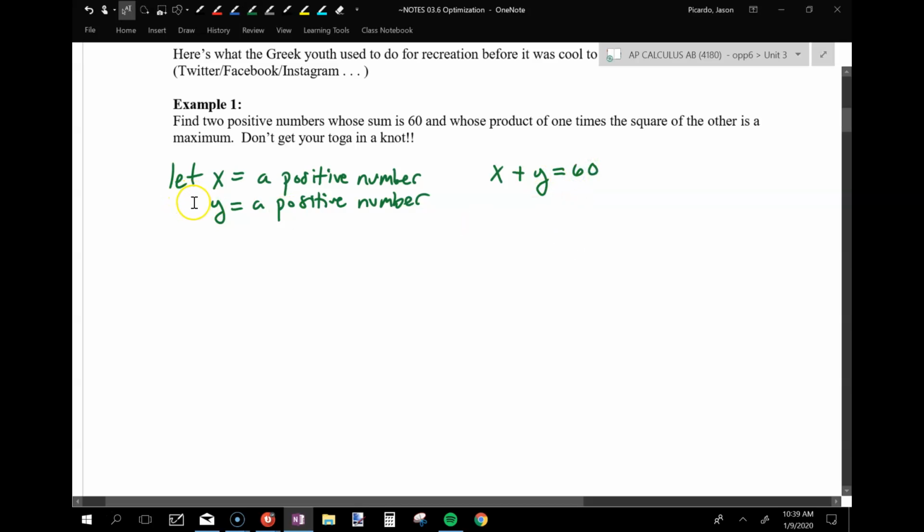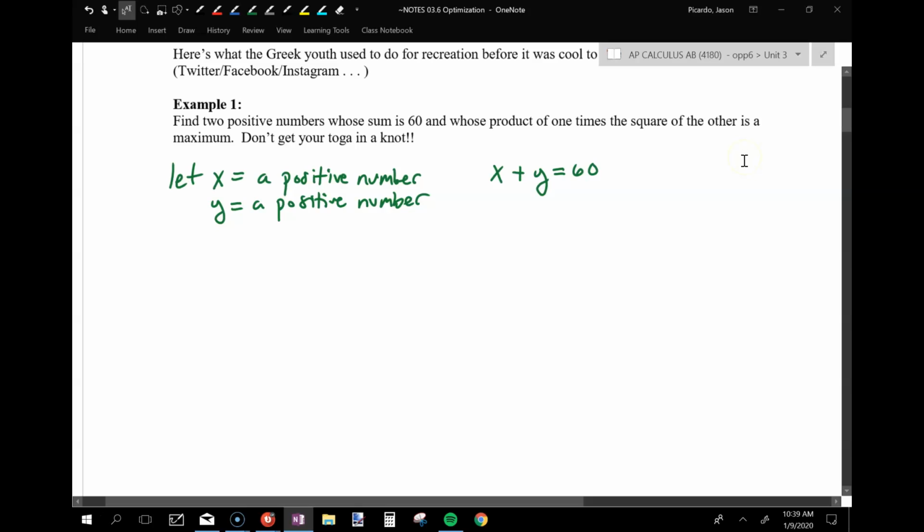Again, you have to read the problem contextually because of the way it's written. This next phrase has to be read with the beginning phrase. It says, find two positive numbers whose sum is 60 and whose product of one times the square of the other. What's that sound like?